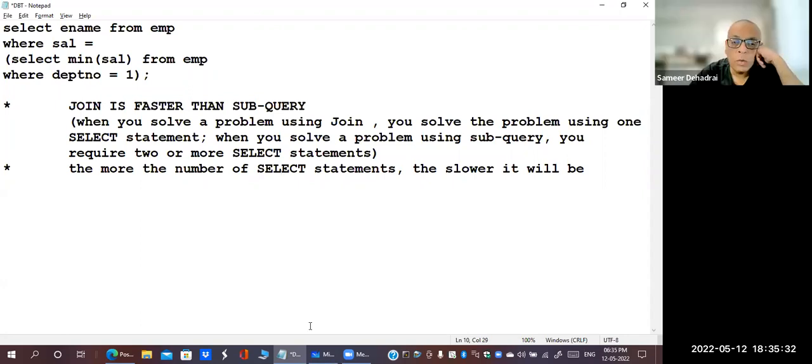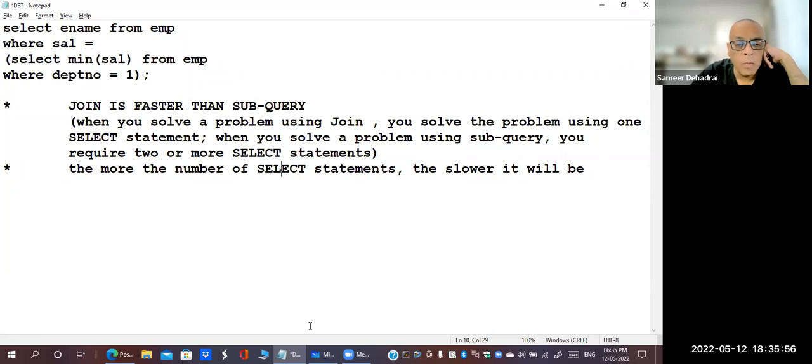So whenever you encounter a problem, Himanshu, your first step should be to try and solve the problem using join. If the problem cannot be solved using join, then you will write two select statements, three select statements to solve it. This is where your logic comes, Himanshu.